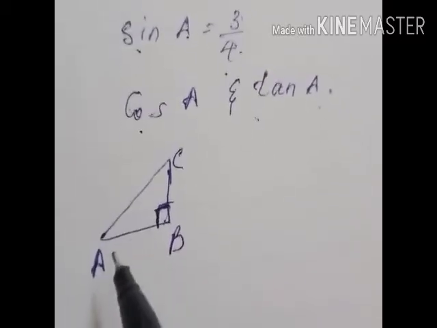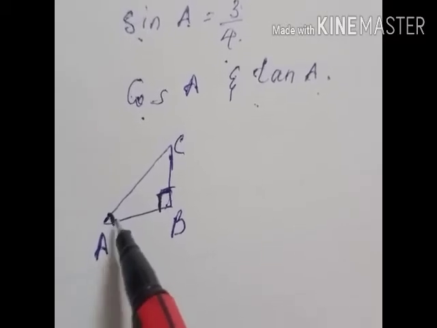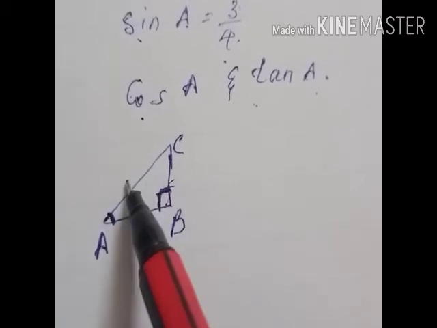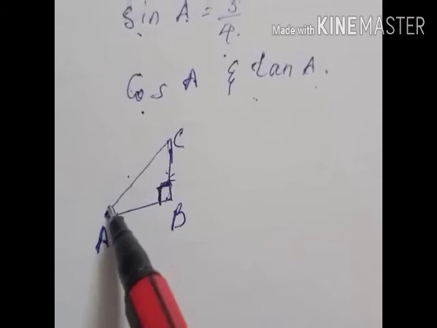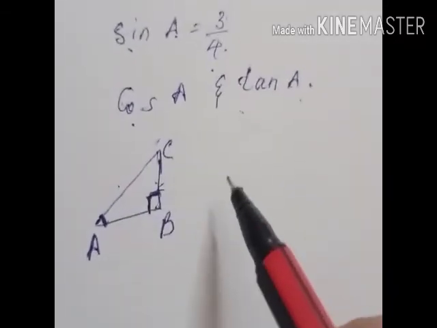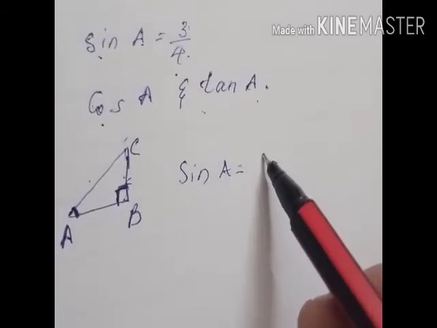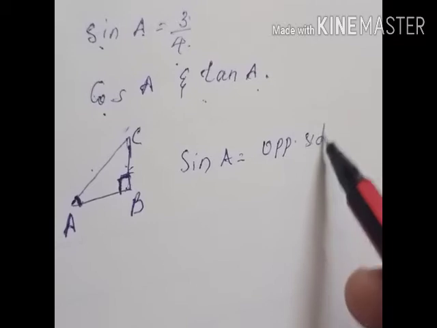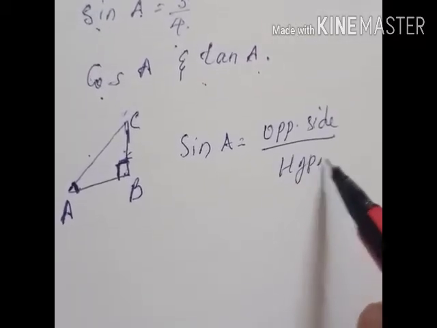Right angled at B. Then here it is given that sin A. Sin A means what? Opposite side by hypotenuse. The side opposite to angle A by hypotenuse. So we can write sin A equals side opposite to angle A by hypotenuse.